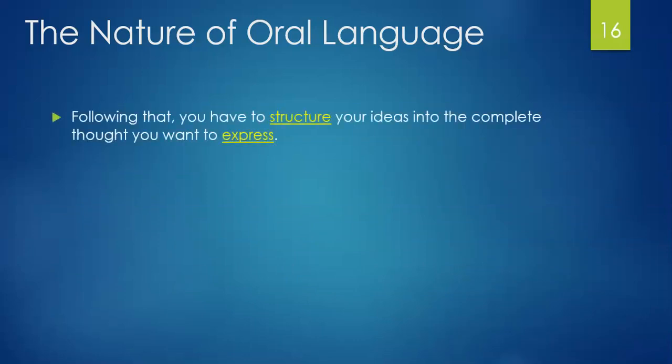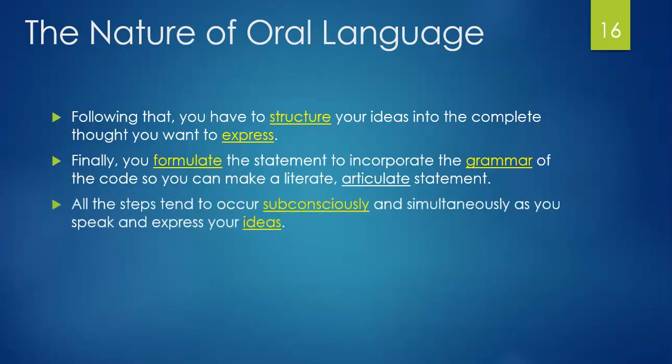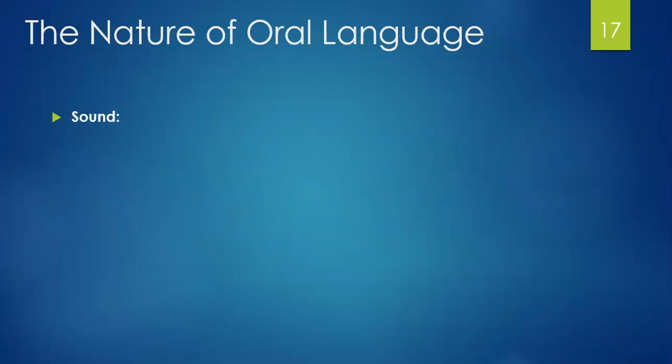Following that, you have to structure your ideas into the complete thought you want to express. And finally, you formulate the statement to incorporate the grammar of the code so that you can make a literate and articulate statement. All the steps tend to occur subconsciously and simultaneously as you speak and express your ideas.